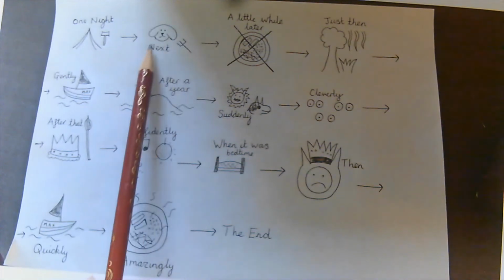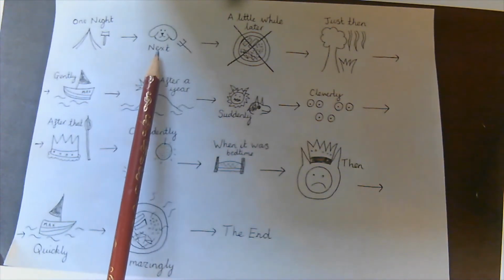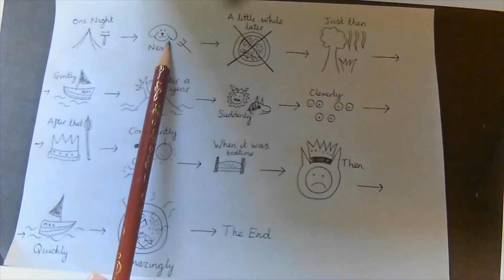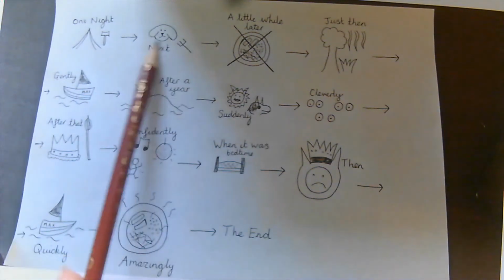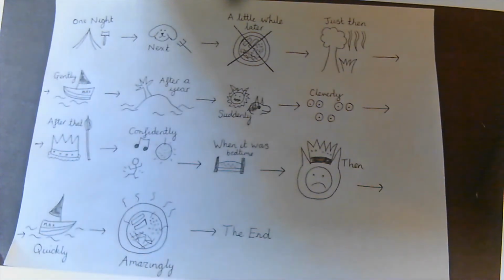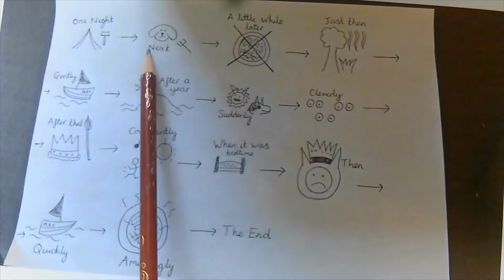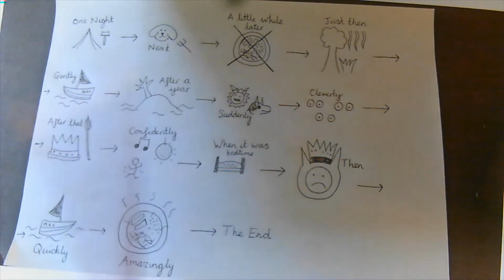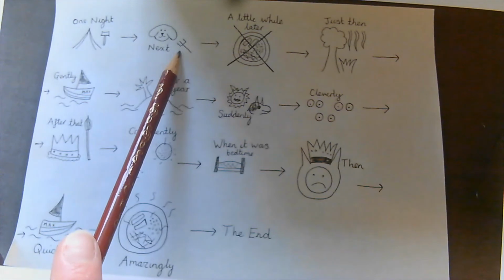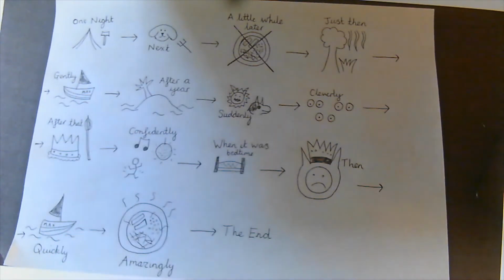I'm going to say, next, Max chased his poor defenceless dog down the stairs. Because I don't think the dog really stood a chance against Max. He was probably just minding his own business when Max decided to come and chase him. So next, Max chased his poor defenceless dog down the stairs with a sharp, pointy fork.